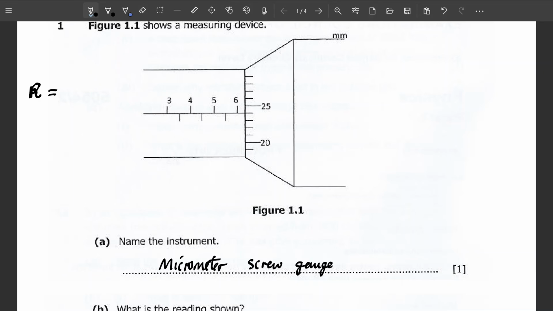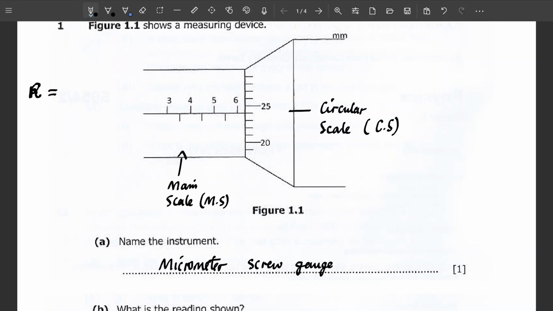You read on this part, which is called the main scale, which I like abbreviating as capital M and capital S. Then we also read on this part here, which we call the circular scale, which we abbreviate as capital C and capital S.